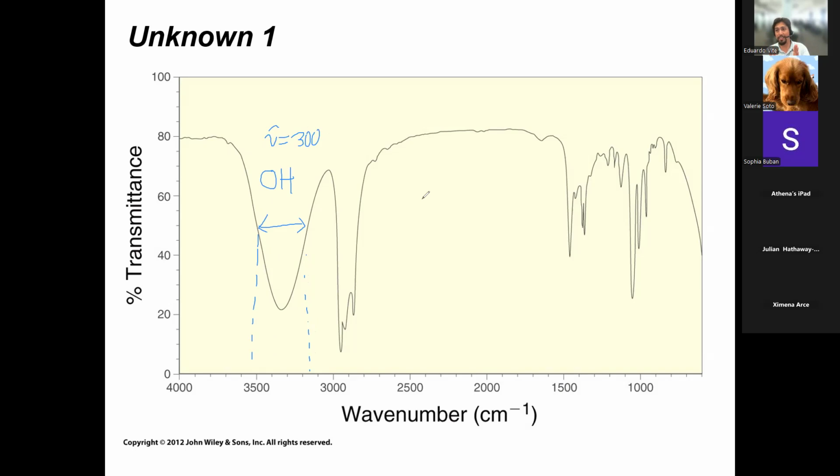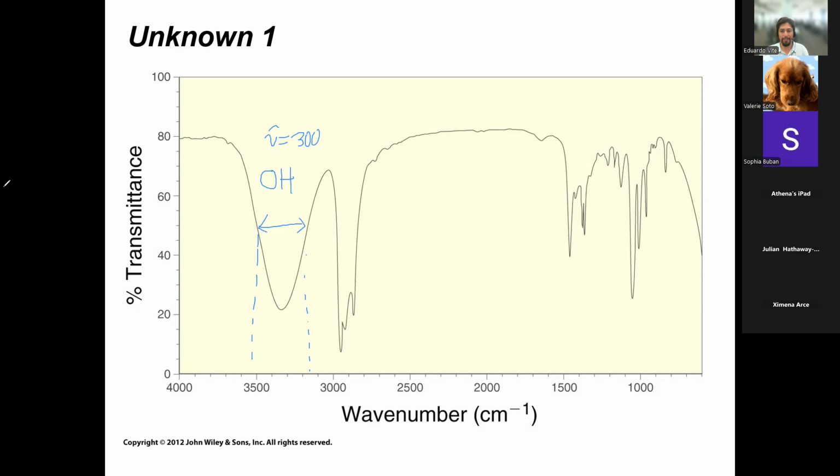If this was a carboxylic OH, it would be 1000. It would be much, much broader. And it doesn't look like a wizard's beard, right? There's no scruffiness at the bottom. So the fact that it's very smooth, it's between 3200 and 3500, and it's broad and strong intensity tells you right away this is an OH peak.